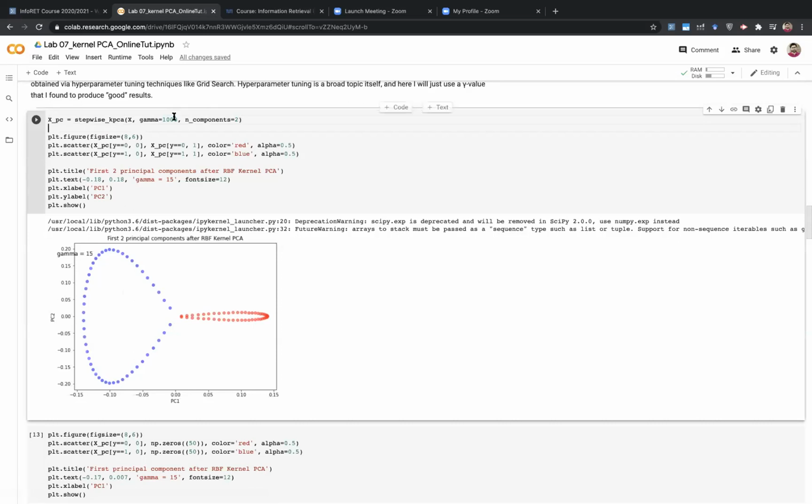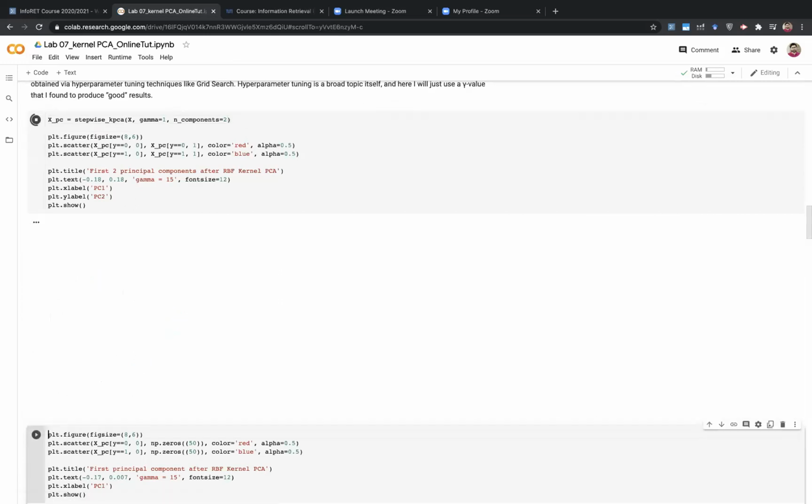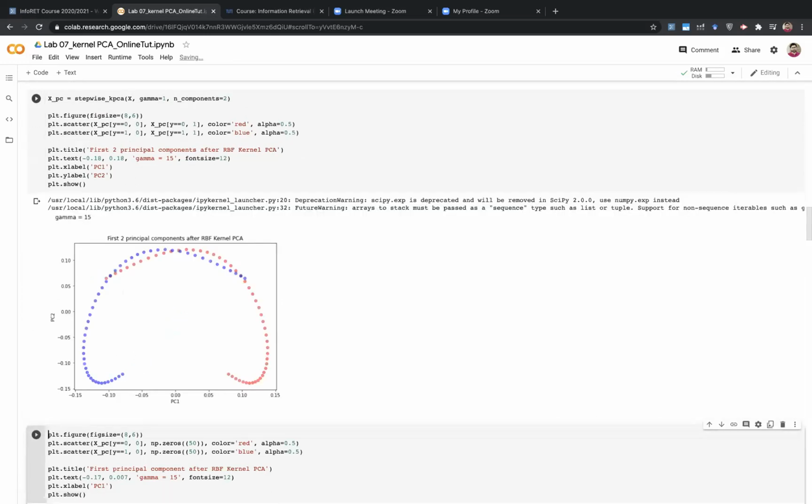I do not want to go into why this is happening. I think it's very intuitive, and you could figure it out. There must be something which should be left to students, you know. So let's say now we go to the other extreme, gamma equal to 1. Let's see what's happening there. Now you can see the RBF kernel is trying to do something, but it's not able to distinguish very well.